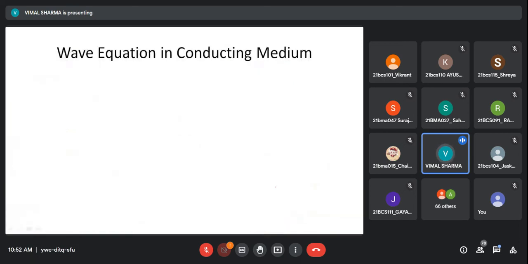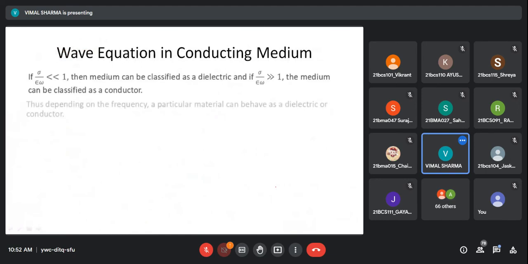So I can write this is what we said: when we have a dielectric medium, this ratio is very, very less than 1. And when this ratio is very, very greater than 1, that means the medium is classified as a conductor.